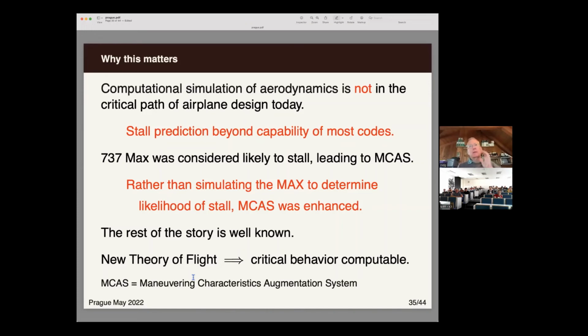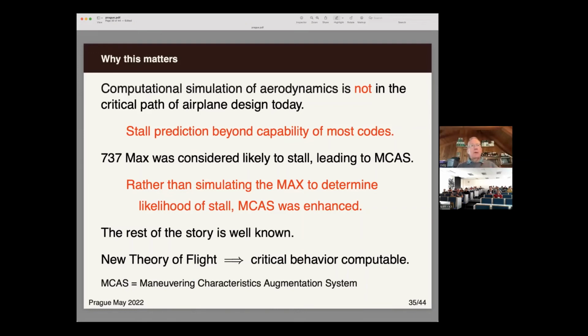Ask any pilot, have you ever had stall? And I think at least many commercial pilots or military pilots would have said, yes, we've experienced stall, it's very scary. The trick is, how do you do stall recovery? Well, if you can't predict stall, you can't predict stall recovery. So this is just something outside the range of most codes today.